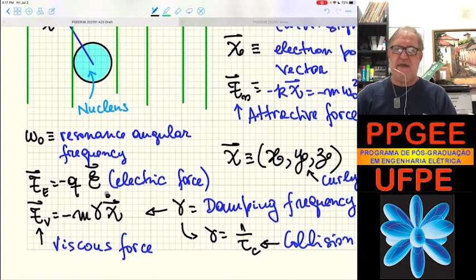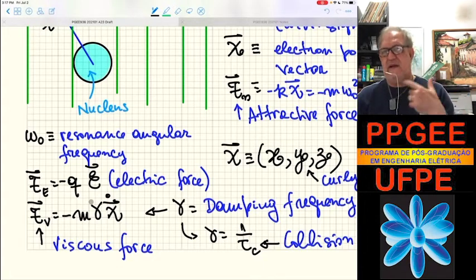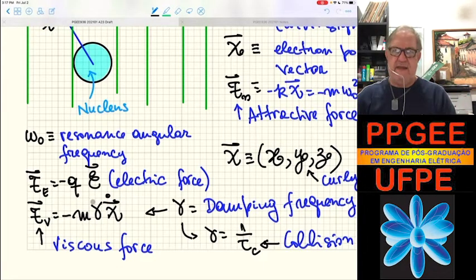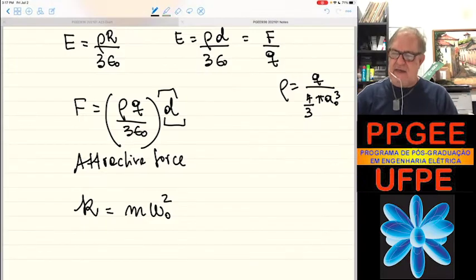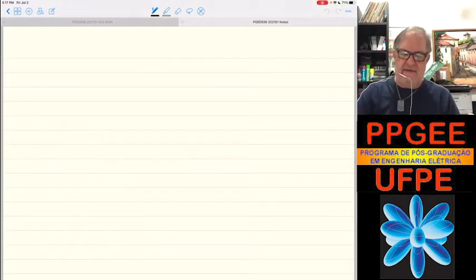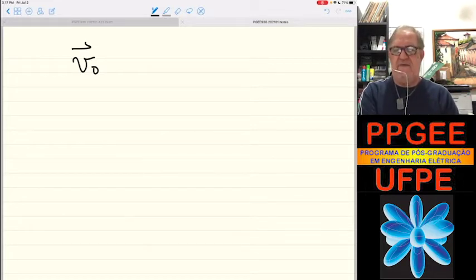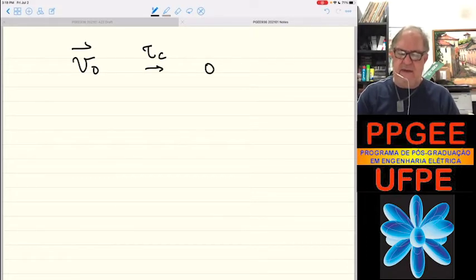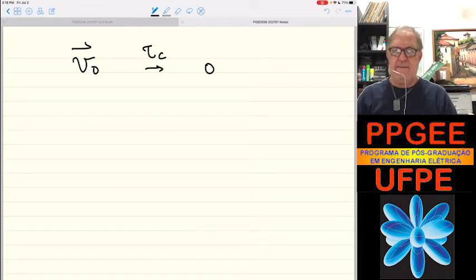When we talked about conductivity, we showed that due to collisions of electrons when they move around in a conductor, characterized by a collision time, the starting value of the average velocity of electrons in a conductor would die away to 0 in a collision time, typically Tc, okay?